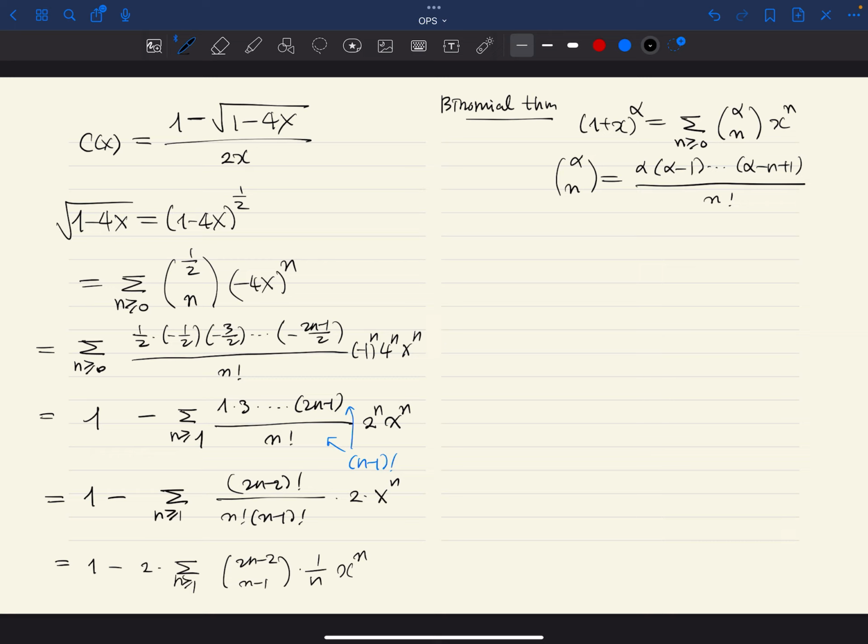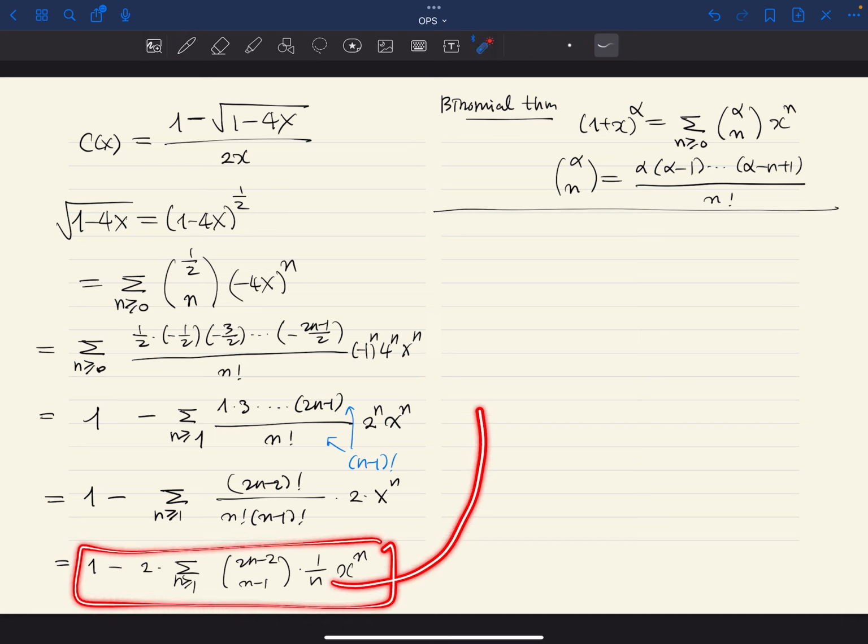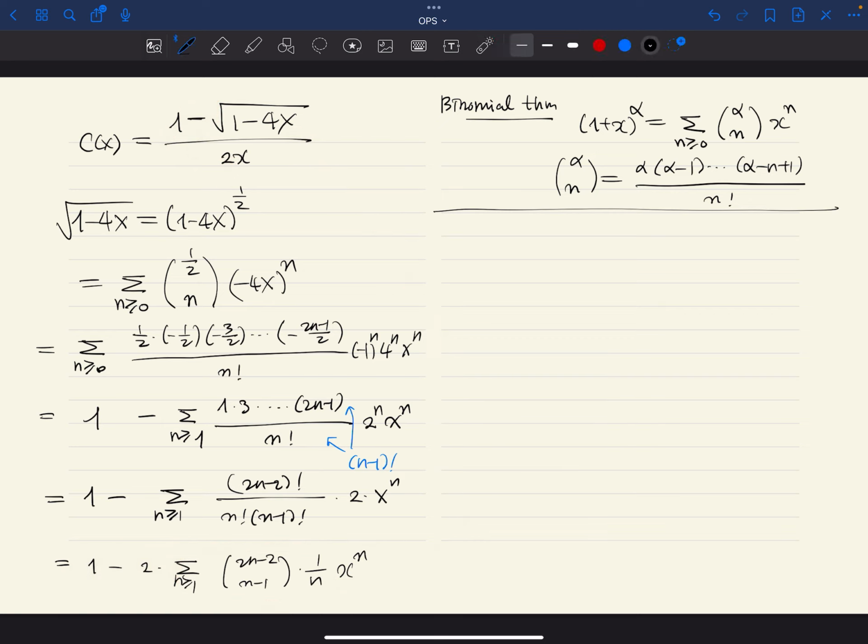But if you rewrite this, now I'm going to plug this into over here. So 1 cancels, and then minus, minus, plus, and then these 2 cancel. So everything becomes nice. So C of x is going to be the sum over n greater than or equal to 1 of 1 over n, 2n minus 2 choose n minus 1, x to the n minus 1.